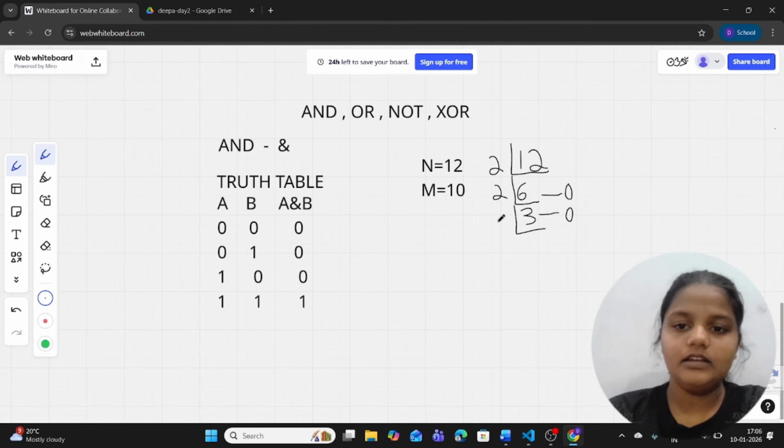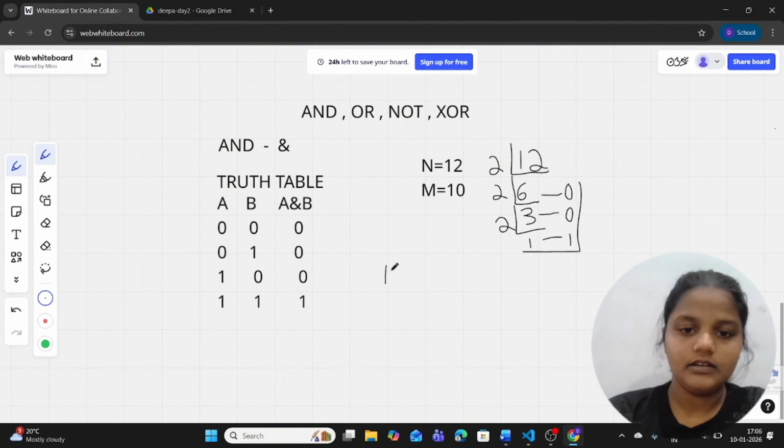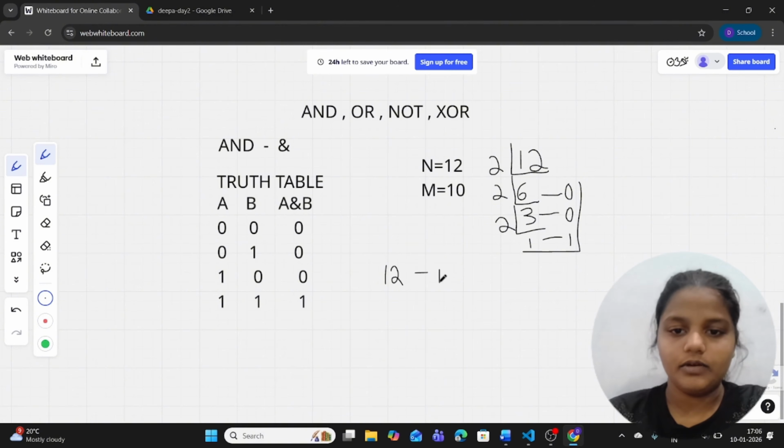Then again 2 1s are 2, the remainder is 1. For getting the binary value, we were looking from down to top, right? So our binary value for 12 is 1, 1, 0, 0, right?